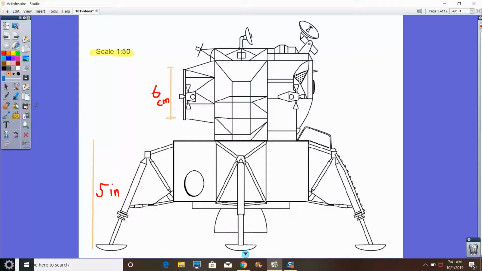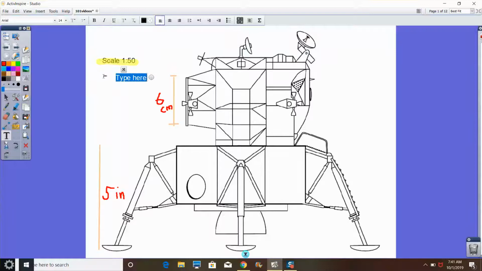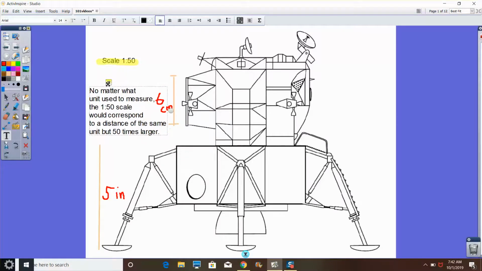So no matter what unit is used to measure, the 1 to 50 scale would correspond to a distance of the same unit, but 50 times larger, okay? So that's kind of what I'm saying here.